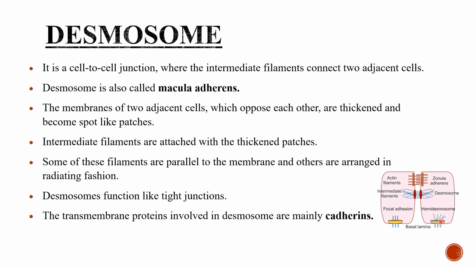Whereas in hemidesmosomes, only one spot like patch will be there. That is why it is called hemidesmosomes, where hemi means half. Only one half of the cell membrane becomes thickened and forms spot like patches. And the proteins which are forming desmosomes are cadherins. Again, I told you, they are calcium dependent cell adhesion molecules.